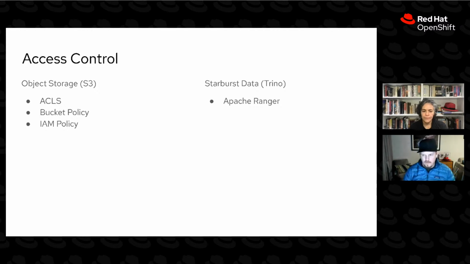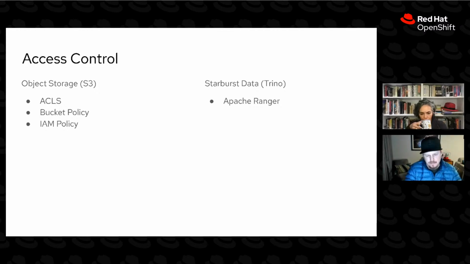So in the earliest days, it had just basic ACLs. You could set up a bucket to be public, or a certain prefix to be public. You could set it to be private, or set it to anonymous access, so there's some coarse-level access control you could do with the earliest S3.